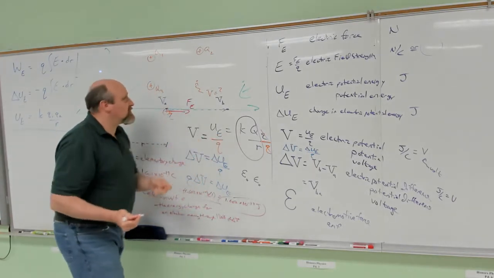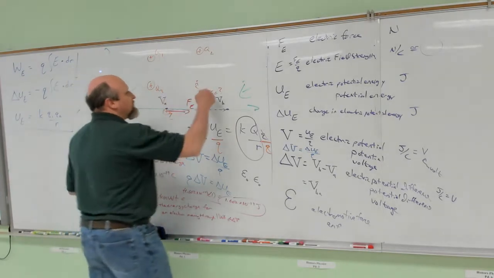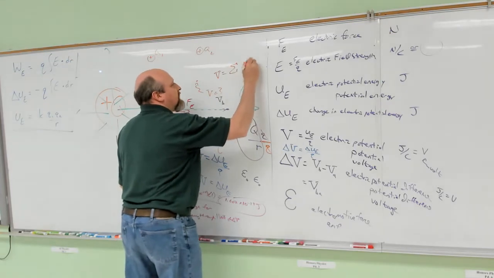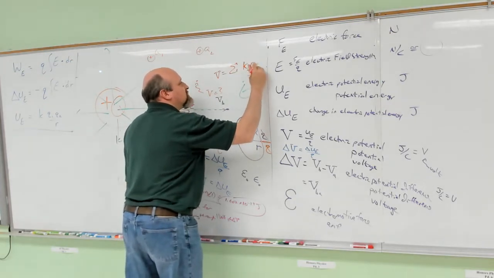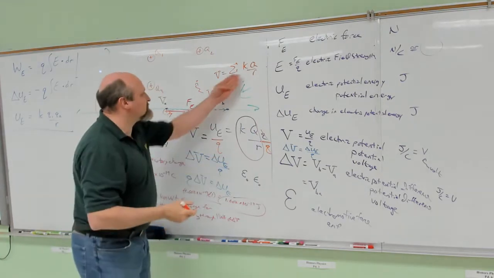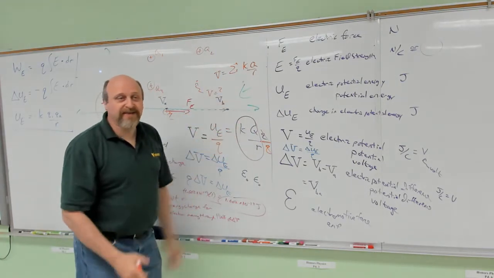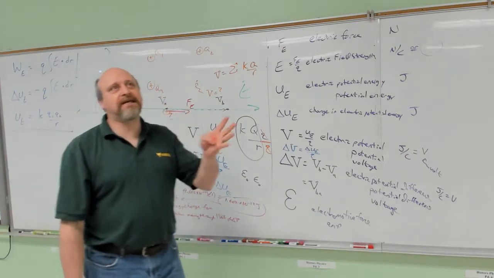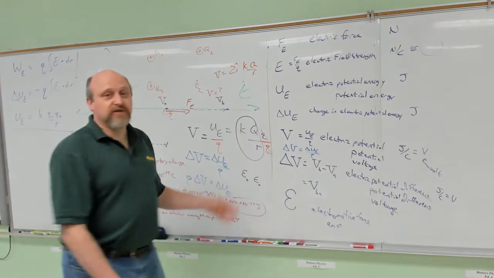V is not a vector. So I just have to add up all the KQ over Rs. It's simple addition. I'm not having to worry about components, because these aren't arrows that I'm adding. That's so much nicer. Potential calculations are easier than field calculations because of this.